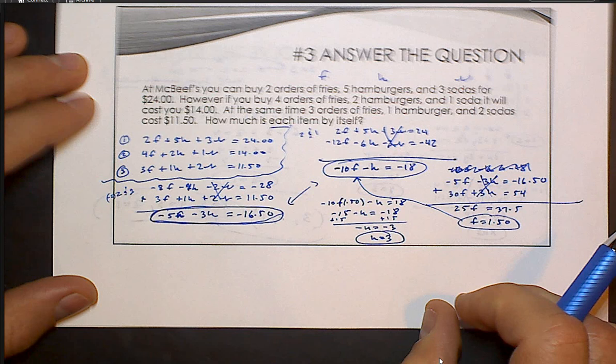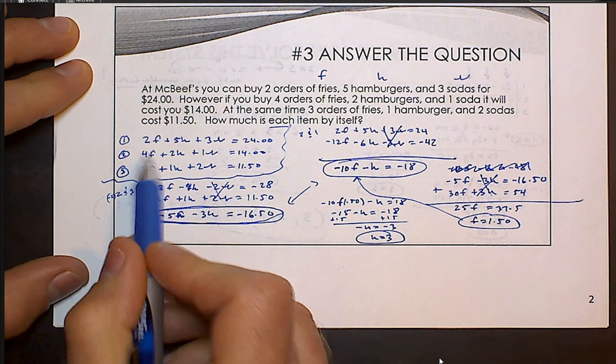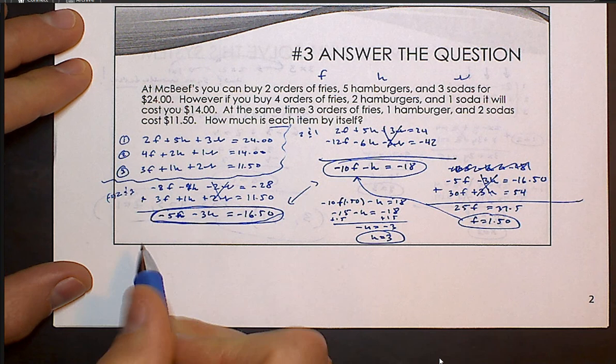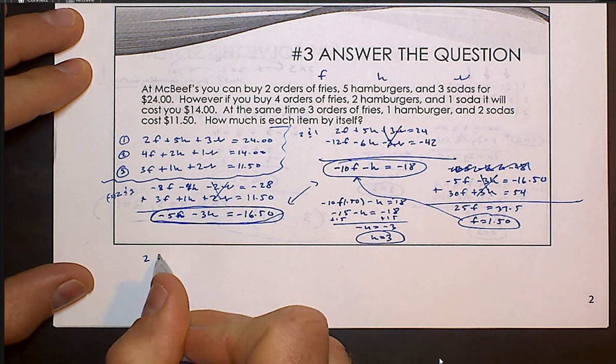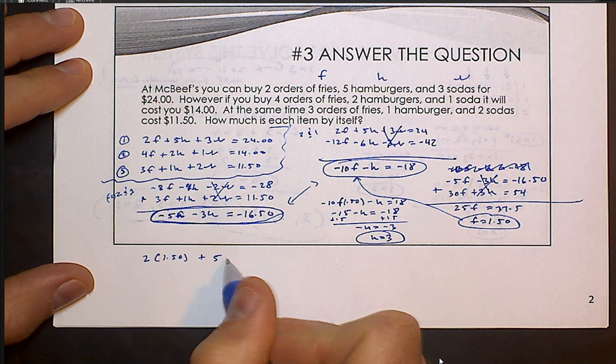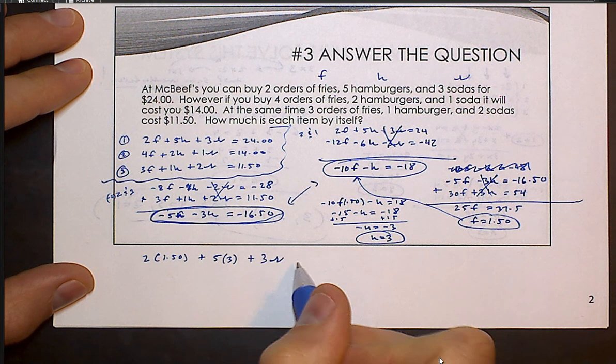And then I can go back to any of the original equations, which are off here to the left, and I'm going to plug it into equation 1, just for kicks and giggles. You could go 2 or 3, but I'm going to go with 1. Instead of f, that's now $1.50, plus 5h. H is now a 3, and I want to solve for my sodas, so that stays as 3s, and that equals $24.